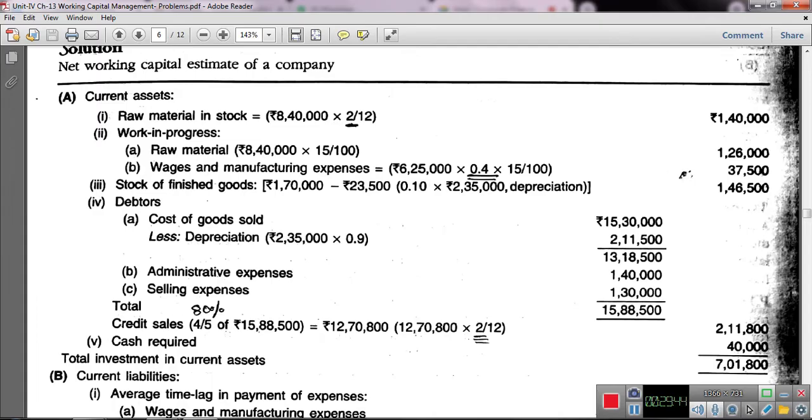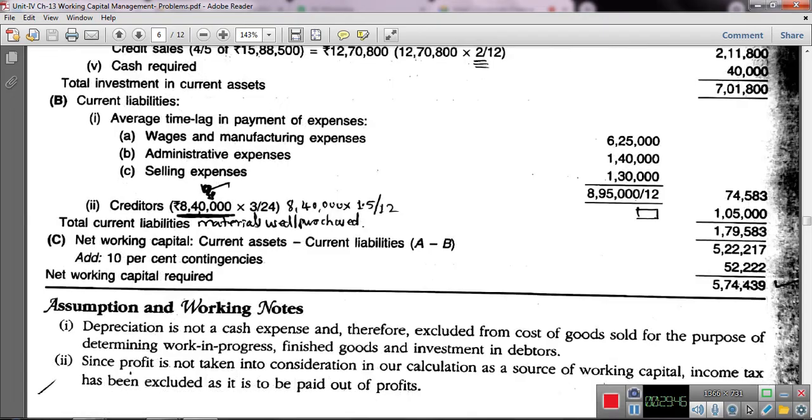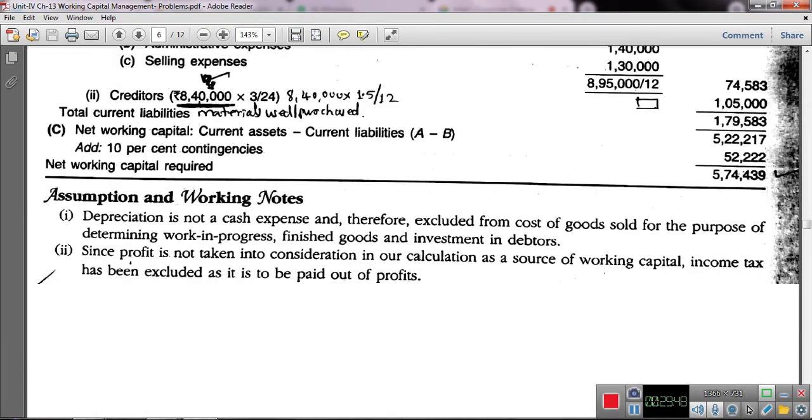Please remember, we have made this assumption or working note. Please see here: depreciation is not a cash expense and therefore excluded from cost of goods sold for the purpose of determining work in progress, finished goods and investment in debtors.